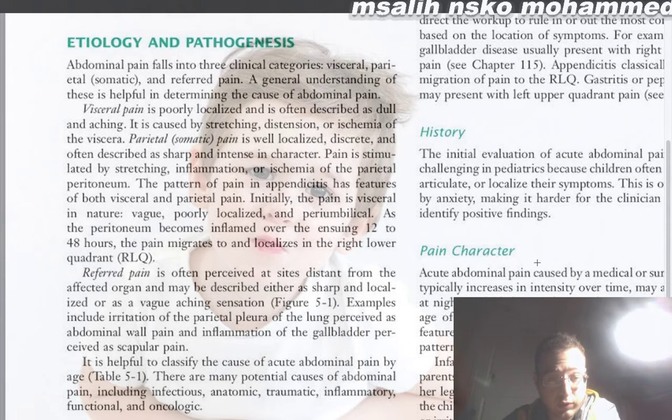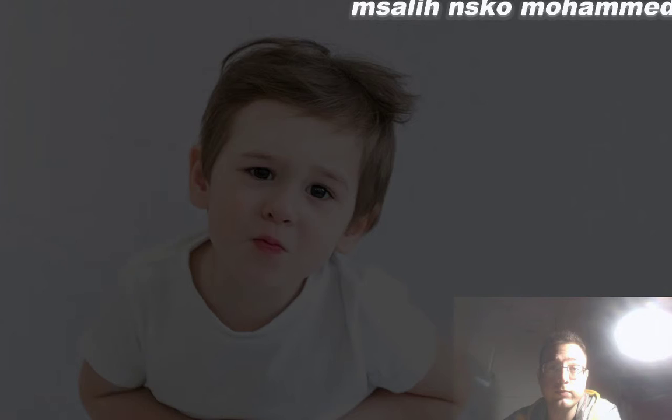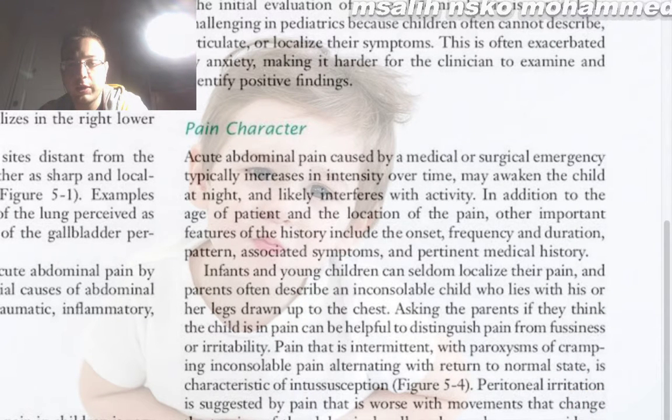It is helpful to classify the causes of acute abdominal pain by age. There are many potential causes of abdominal pain, including infection, anatomic, traumatic, inflammatory, functional, and oncological. These characteristics we can use as a differential diagnosis in the primary diagnosis.